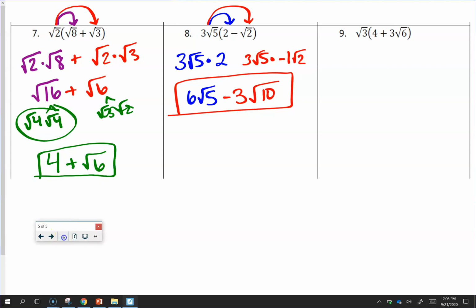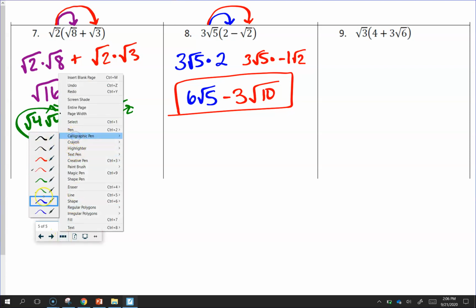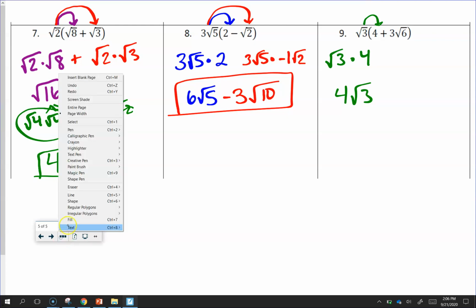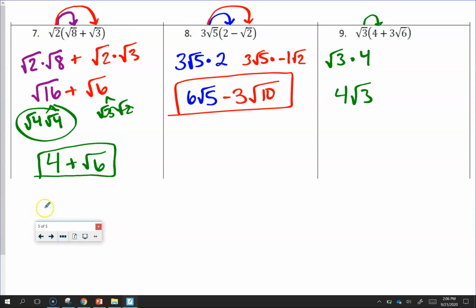All right, last one. This time I had the square root of 3 being distributed. So square root of 3 times 4. Well, 3 is inside the radical, 4 is outside the radical, so I cannot multiply those numbers together. It's just going to be written as 4 square root 3. Distribute it to my second piece.